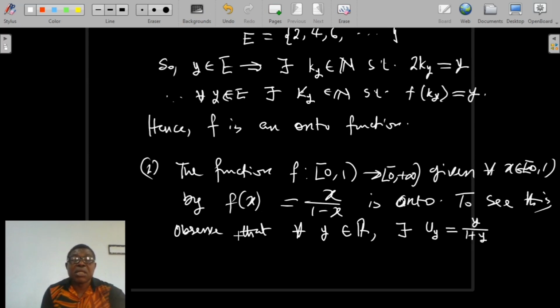To see this, observe that for any y in the interval [0, +infinity).